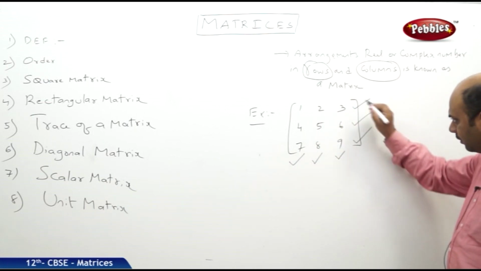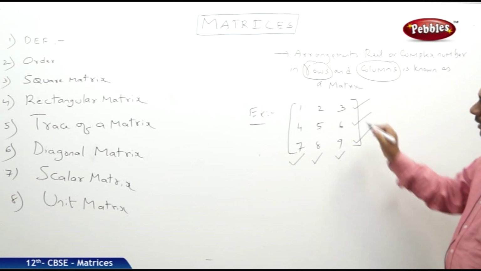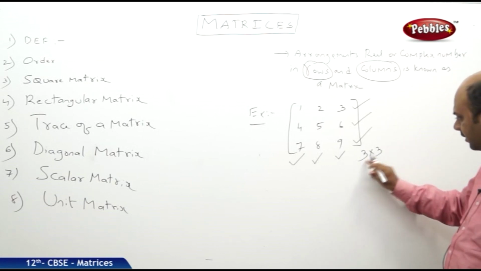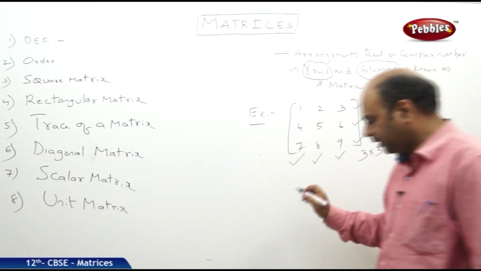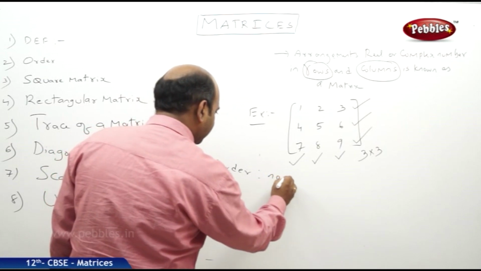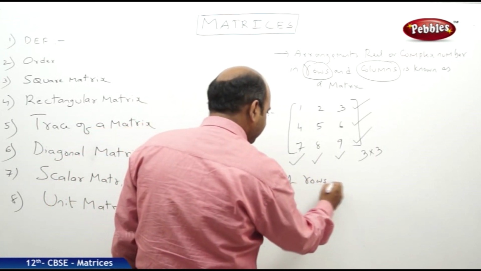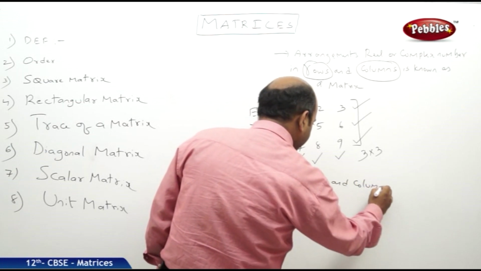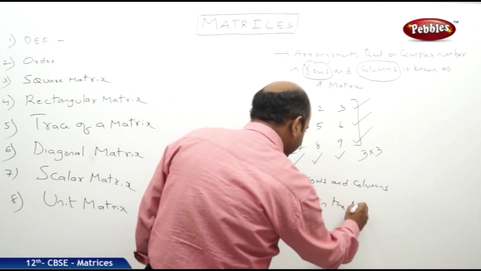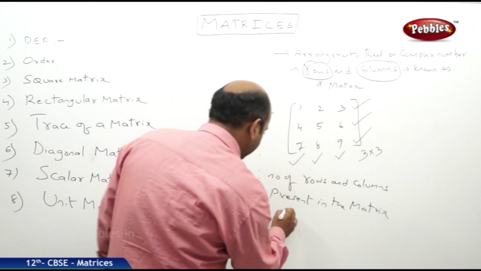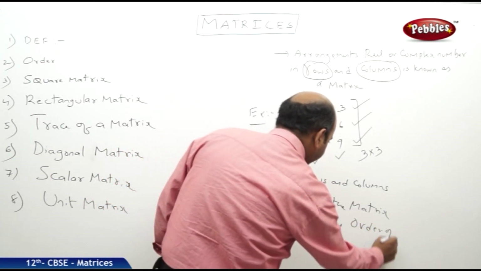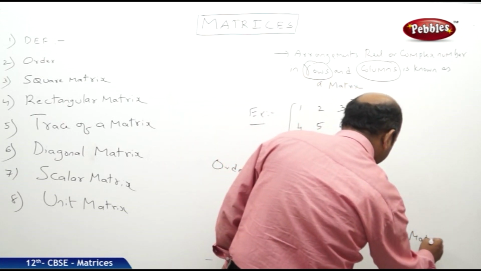So a matrix is generally represented by its order. That means 3 by 3. How can we define order? The number of rows and columns present in the matrix is known as the order of a matrix.